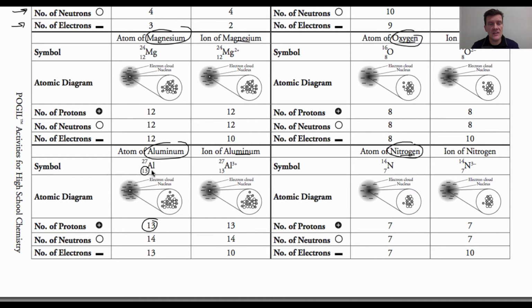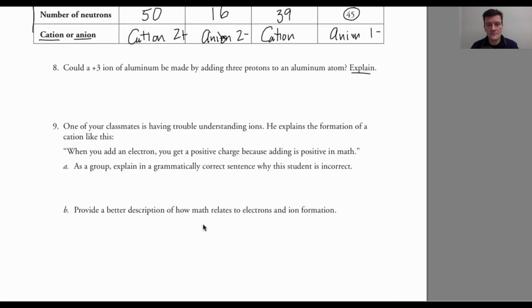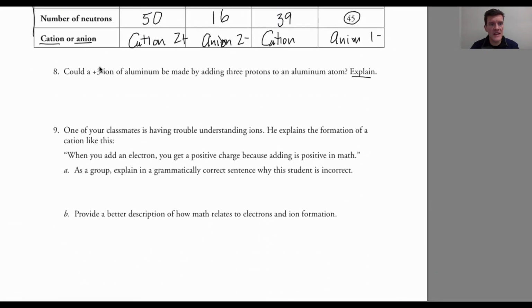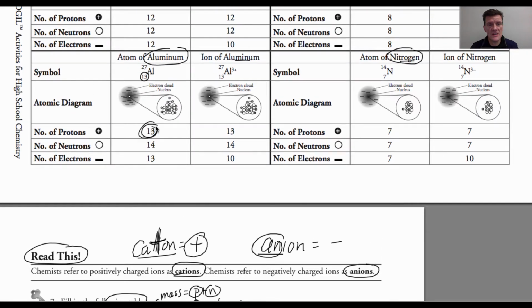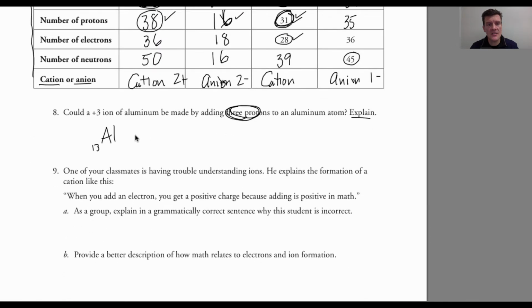If you take an aluminum atom, which we just said has 13 protons, and you add 3 protons, now it is going to have an atomic number of 16.